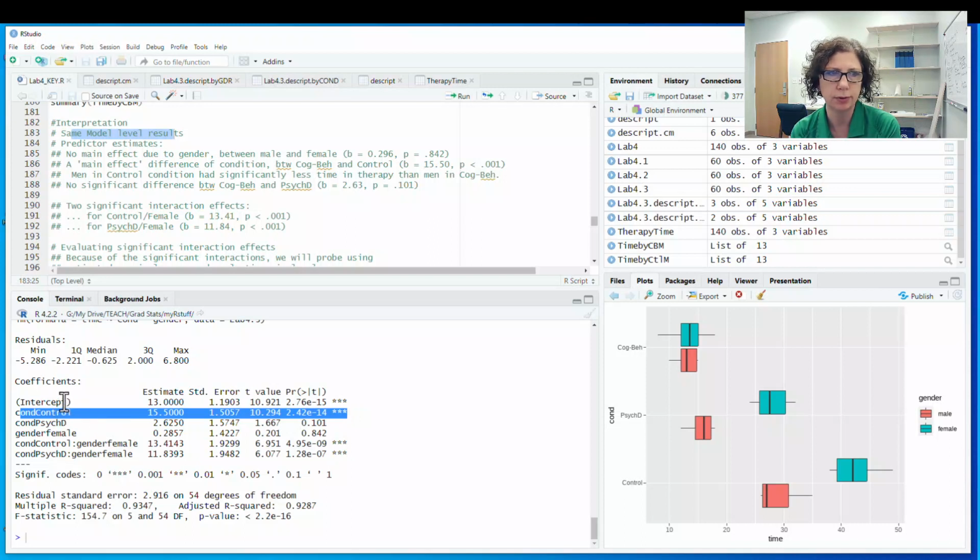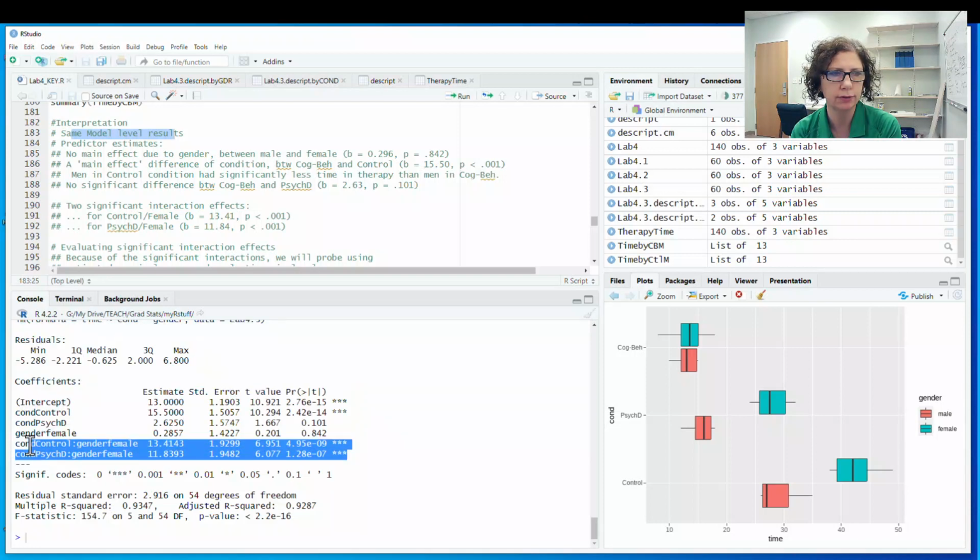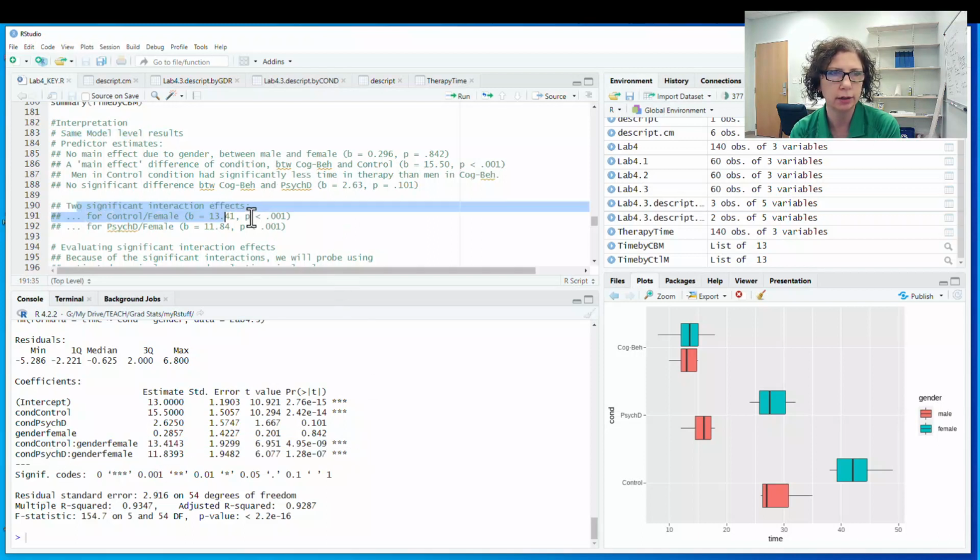And again, this is for male. And now we have 2 interaction effects down here for gender female who's in the control condition and gender female who's in the psychodynamic condition. So again, we let our reader know that there are significant interaction effects, but then we have to go into investigating more specifically those interaction effects.